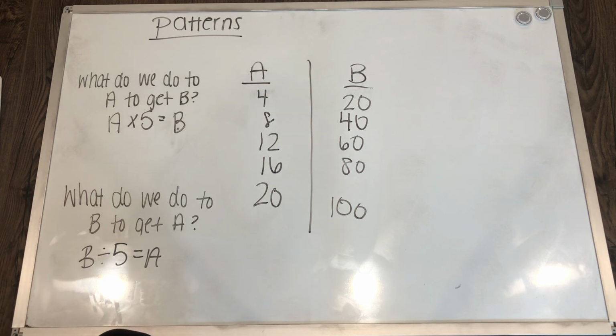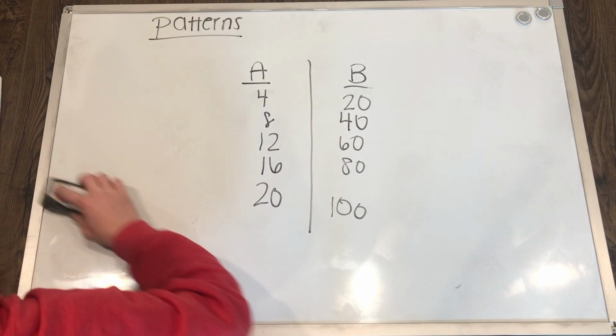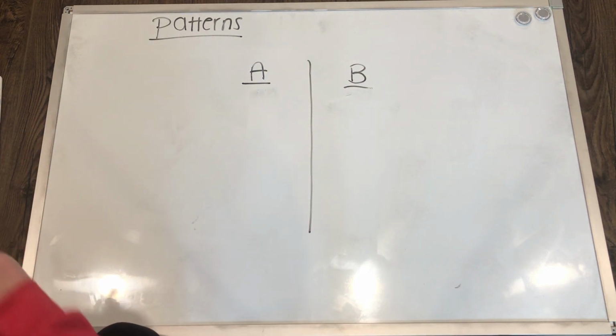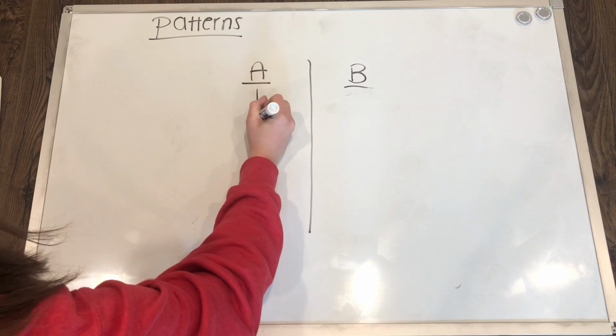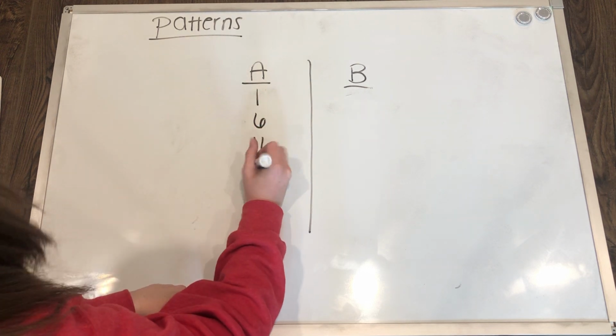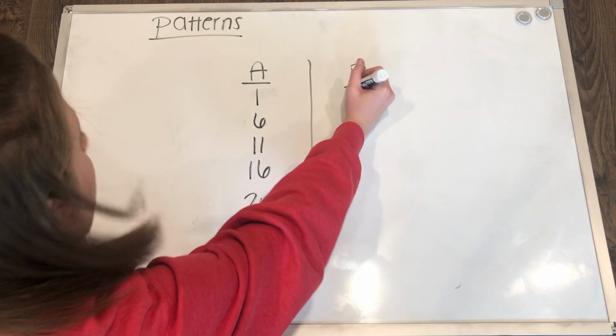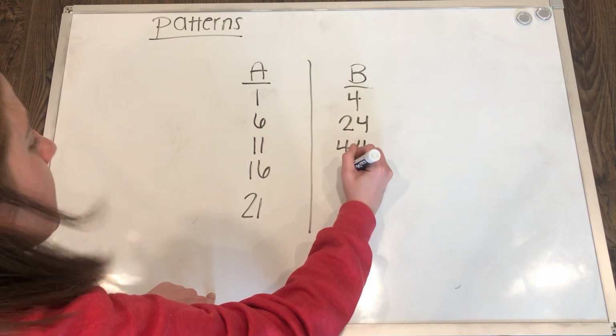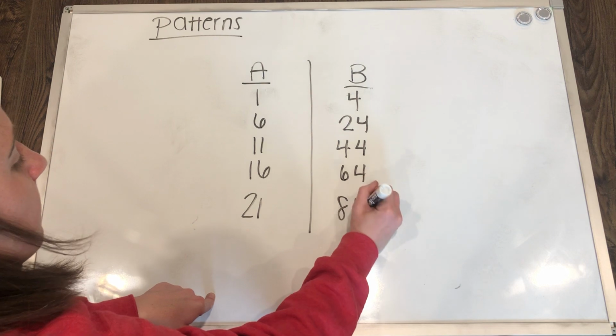Okay, now we're going to do something kind of similar, but you're going to be given some different statements and we have to decide whether they're true or false. So we've got A: 1, 6, 11, 16, 21, and B: 4, 24, 44, 64, and 84.